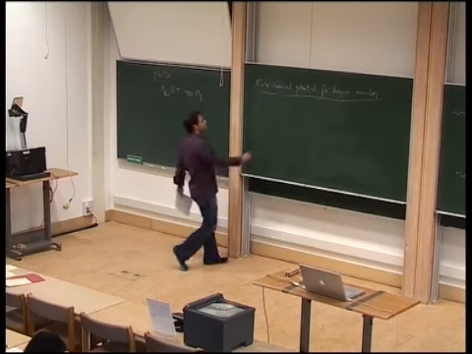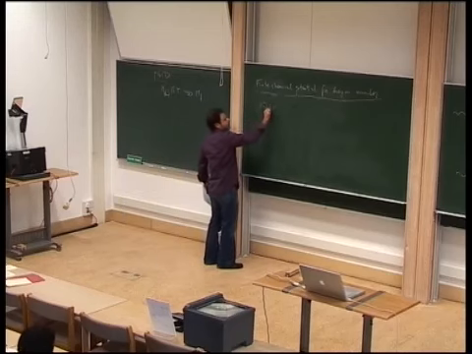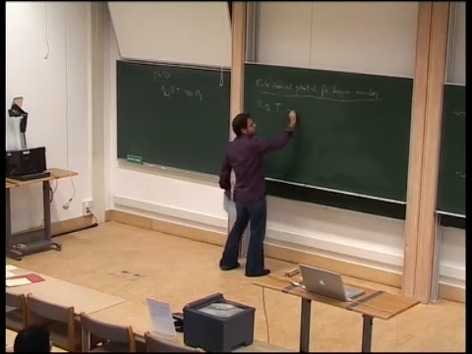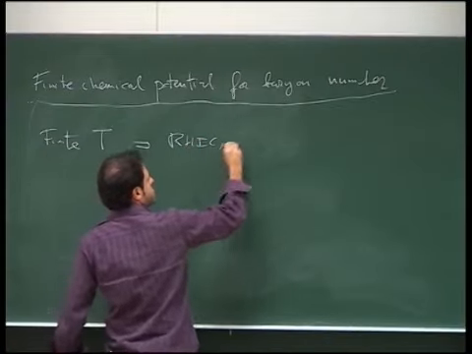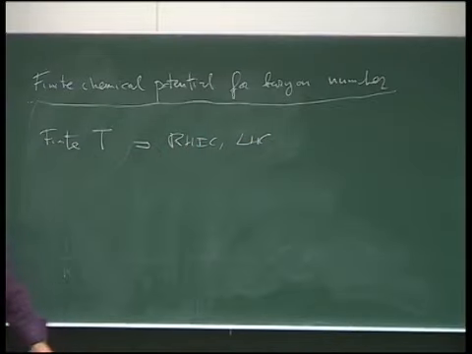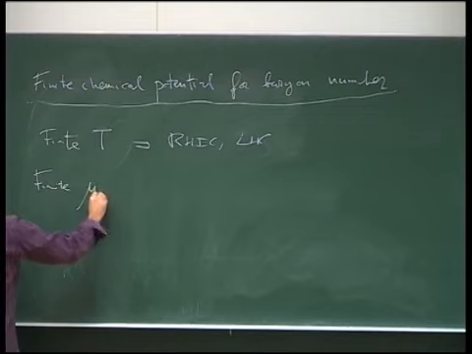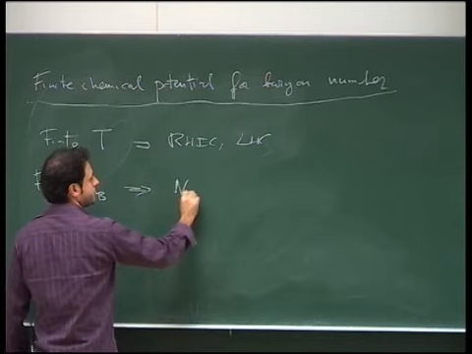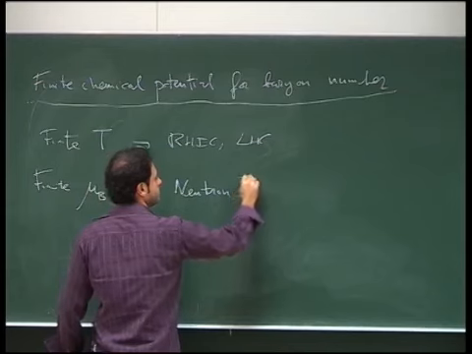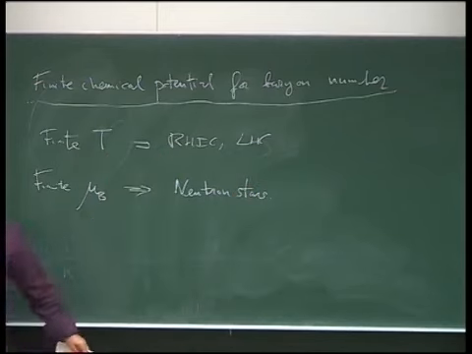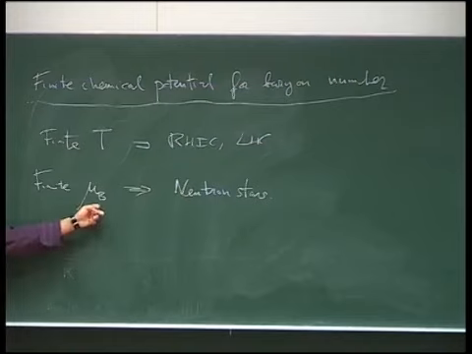That means we need to understand finite temperature, which, as you've seen, is relevant for heavy ion physics and the LHC, but also finite baryon number chemical potential, because that's relevant, for example, for neutron stars. Neutron stars are very dense objects, at least in the core. So there, you can't ignore the fact that there is a finite baryon density, or equivalently, a finite chemical potential.